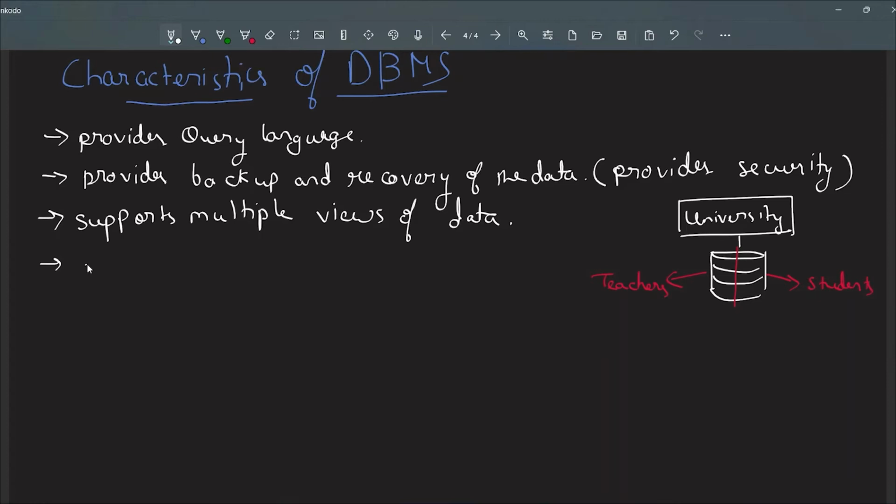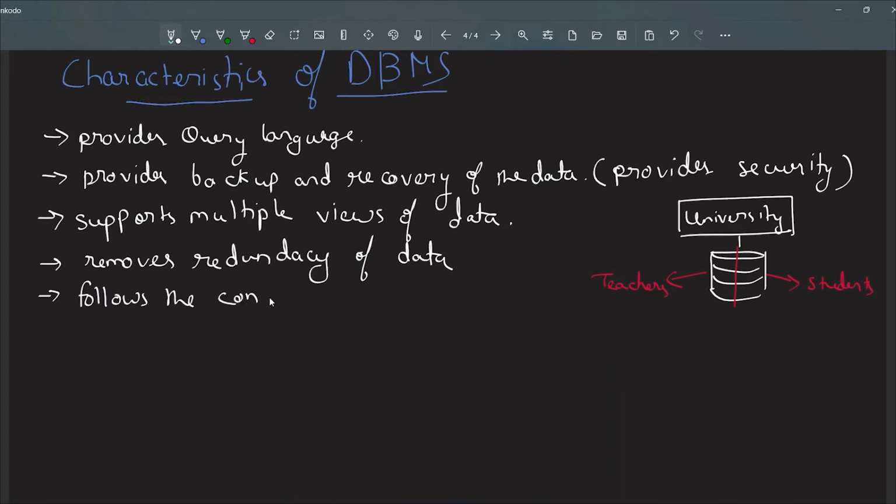So it removes redundancy of data and follows the concepts of normalization. There are different kinds of normalization, all of which we will see in further videos. So these are some of the characteristics of the DBMS.